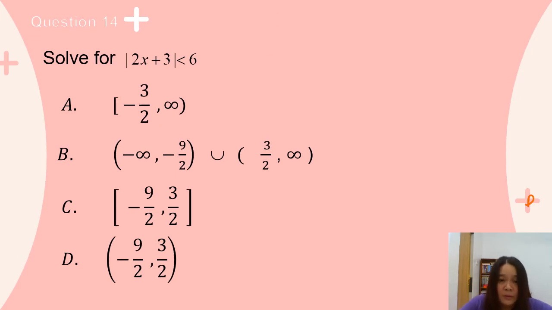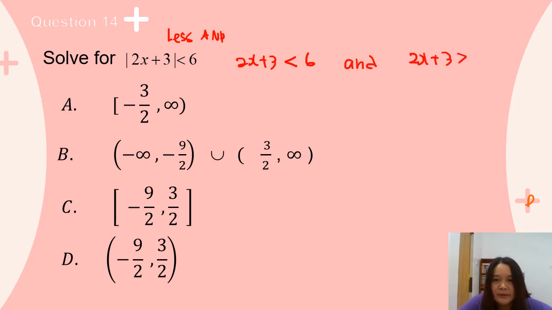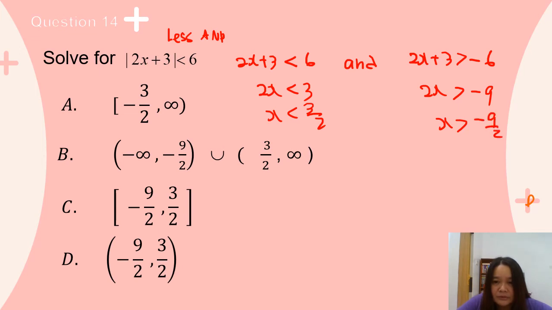Question 14 is the one-sided absolute value. So this is the case of less than. So first of all, we have to define first. So you have 2x plus 3 less than 6 and 2x plus 3 greater than minus 6. So you rearrange. So you have x is less than 3 over 2. This one will be 2x greater than minus 9, so x is greater than minus 9 over 2.